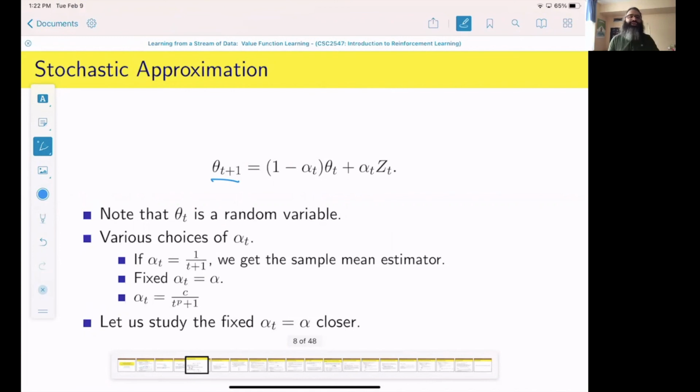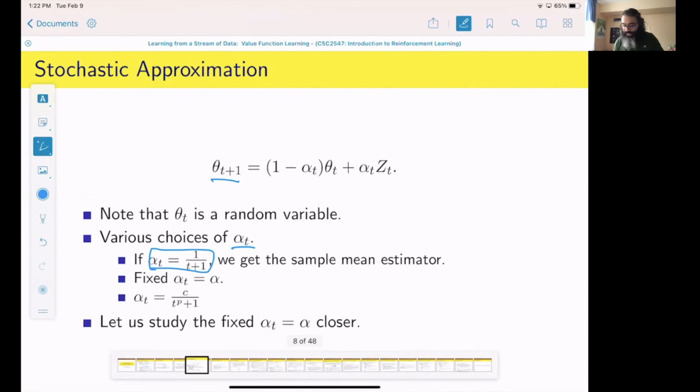Here I want to change alpha from the specific schedule we had in the previous slide, 1 over T+1, to something else. If we choose alpha to be 1 over T+1, we get the sample mean estimator, just an online estimate of it. But we can think of other types of alphas.